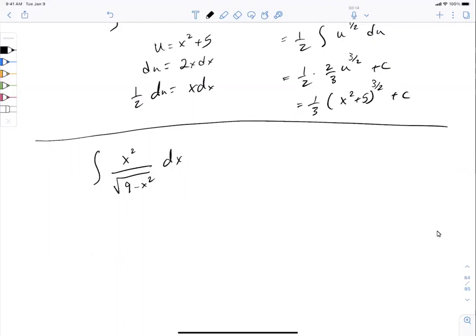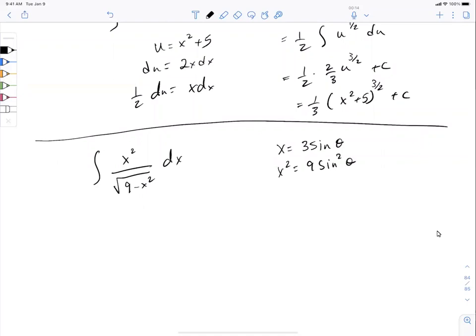So one thing that we realize is, well, I see a 9 minus x squared in the radical, and the radical is really the part that I'm having problems with. So I ask myself, what would happen if x was, say, 3 sine theta? Bear with me, let's just go through this and see if this would make things a little bit easier. Now, if x was 3 sine theta, x squared would be 9 sine squared theta.